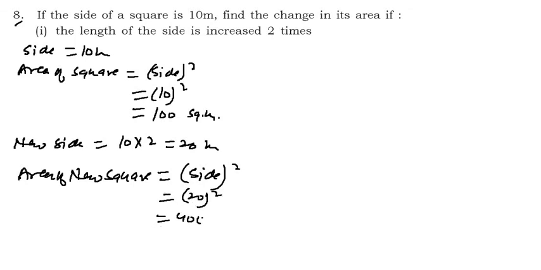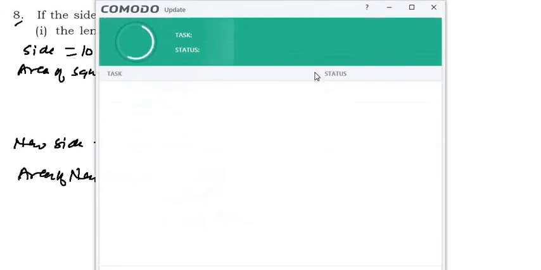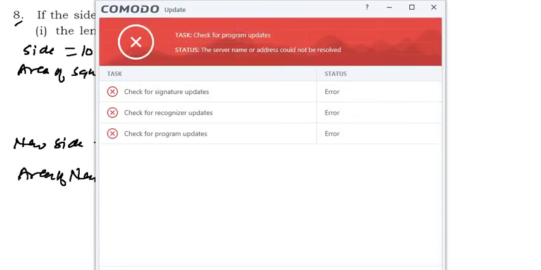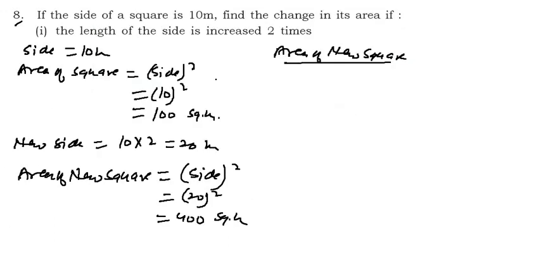So it becomes 400 square meter. So the area of the new square upon the area of the old square.